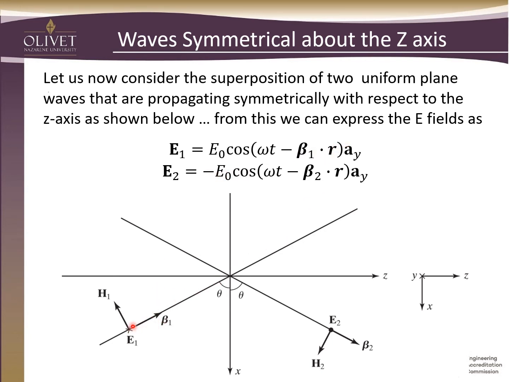Of course, that's due to going in and out of the board in the y direction. This E2 is very similar, except we're going to go negative here, so it reflects or mirrors on this side. And so we'll have this new phase constant giving us this new direction for the second wave.